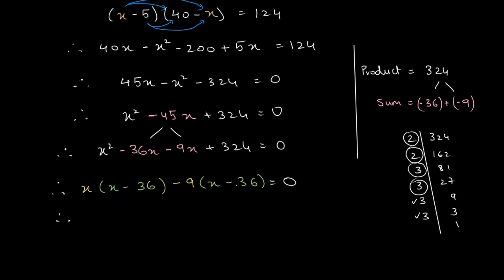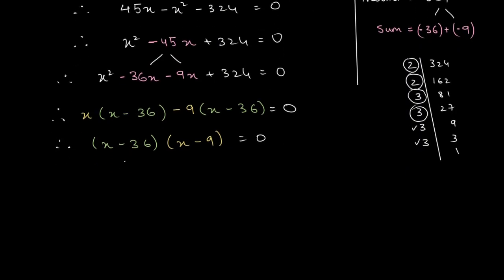Now, as you can see, x minus 36 is a common bracket, so we'll take it outside, and what will be left inside will be x minus 9, which is equal to 0. Alright, so we can finally use our zero product rule now. The product of two numbers is equal to 0. So either the first one, x minus 36, is equal to 0, or the second, x minus 9, is equal to 0.